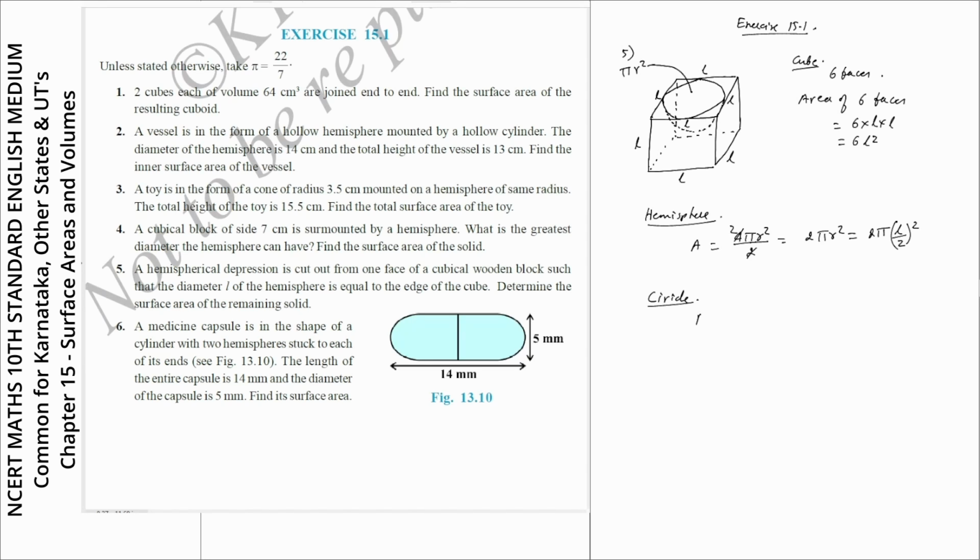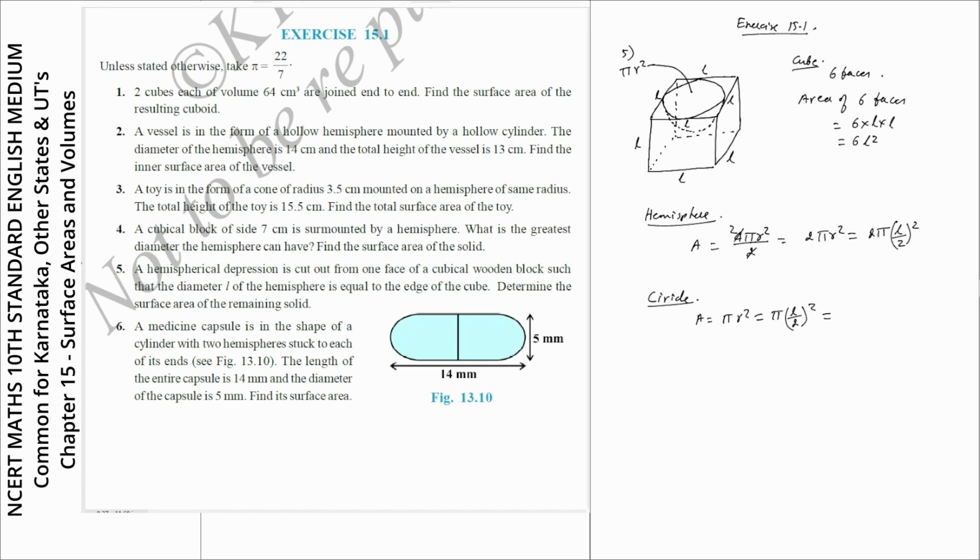Now what is r? R is L by 2, half of diameter. L is the diameter of the sphere, also L is the length of the side of the cube. So pi r square is pi L by 2 the whole square.